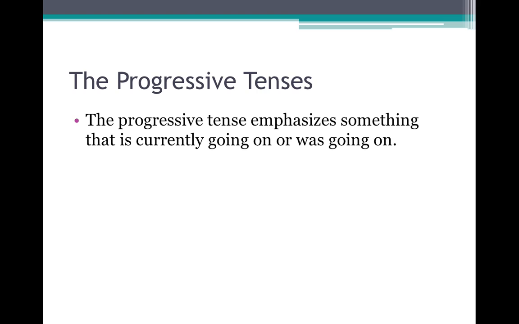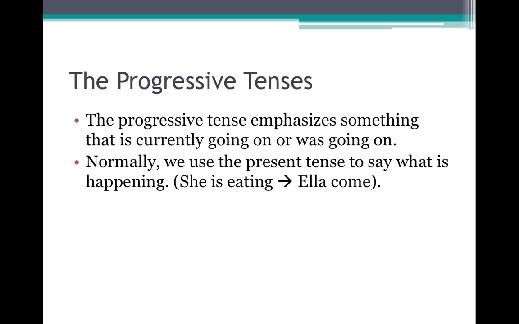We say we use the progressive tense to emphasize what you are currently doing. And I think this is more commonly used in English than it is in Spanish. But it's just emphasizing it right now. In Spanish, when we would use the present tense just to say what's happening right now, ella come.